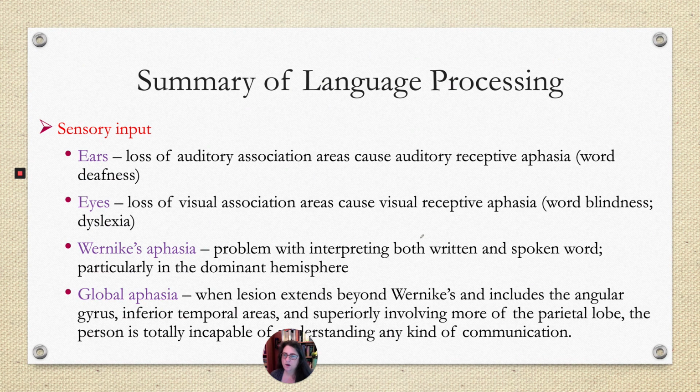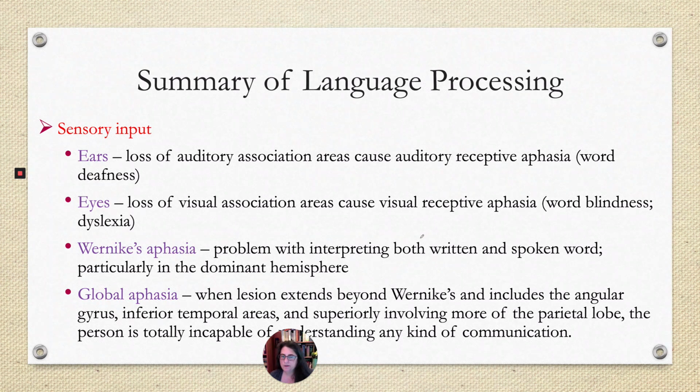Similarly, if you have a loss of your visual association areas, you have a visual receptive aphasia or word blindness, and some forms of dyslexia might be in this category. And again, your eyes are still working, the person still sees, but they will not be able to interpret language without those association areas in particular.